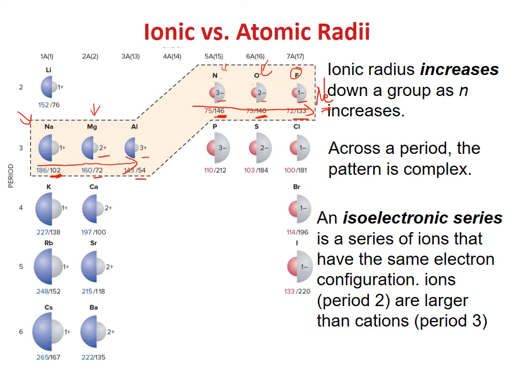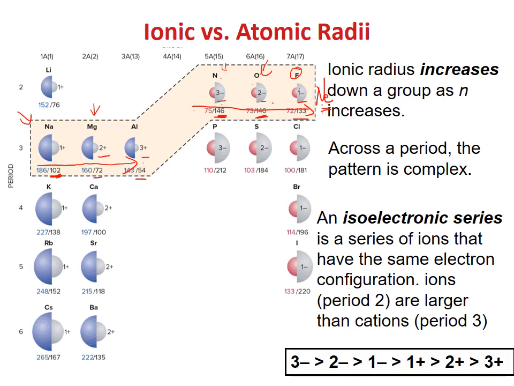So from nitrogen to oxygen to fluorine to sodium to magnesium to aluminum, the size of these isoelectronic ions decreases. We can use the ion charges to show the series: 3 negative for nitrogen, 2 negative for oxygen, 1 negative for fluorine. The size decreases through the 1 plus cation, 2 plus cation, 3 plus cation.